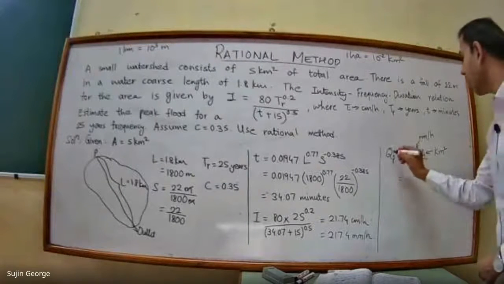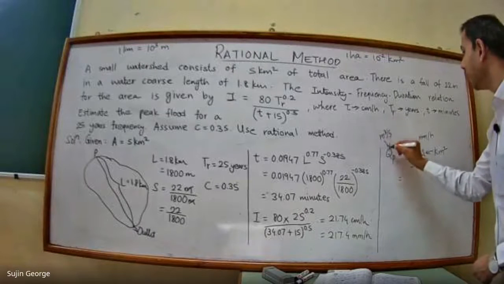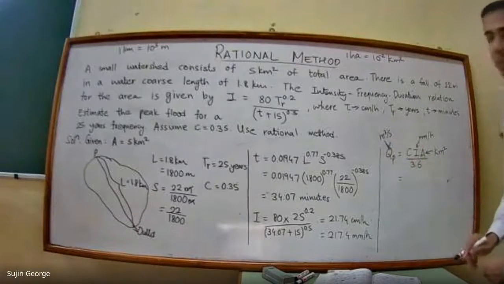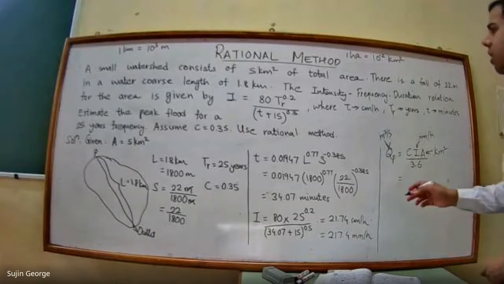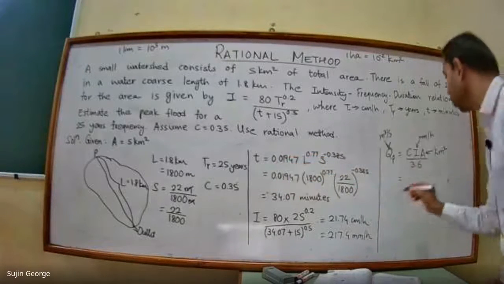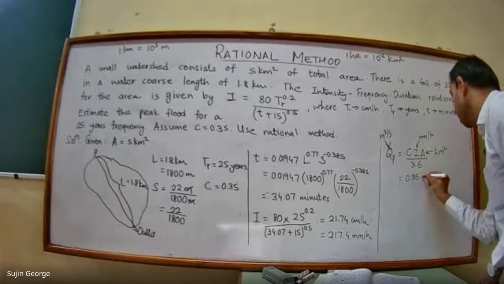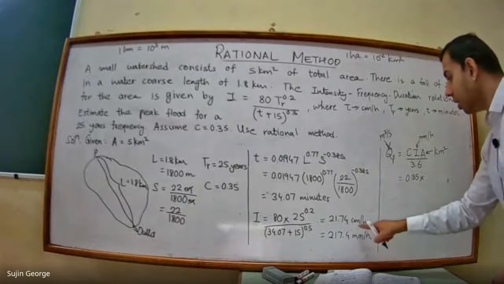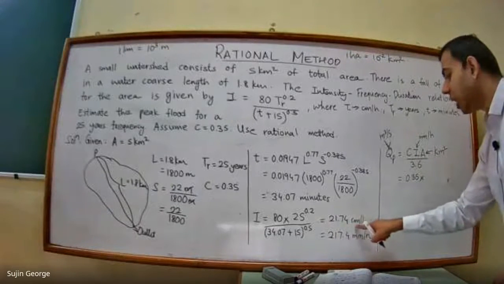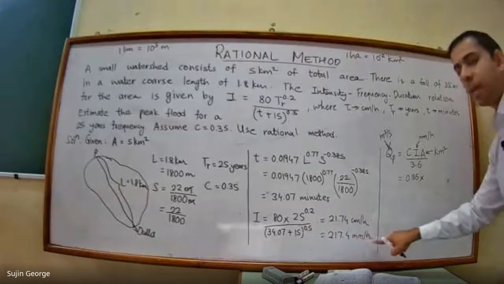Then you will get the value of QP in meter cube per second. So what is the value of C? C is given as 0.35. I is given as 217.4 mm per hour. You should not take this value in centimeter per hour. You should take this value in mm per hour.